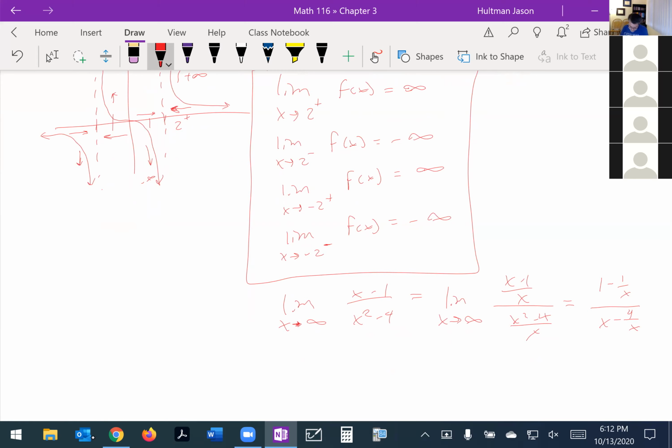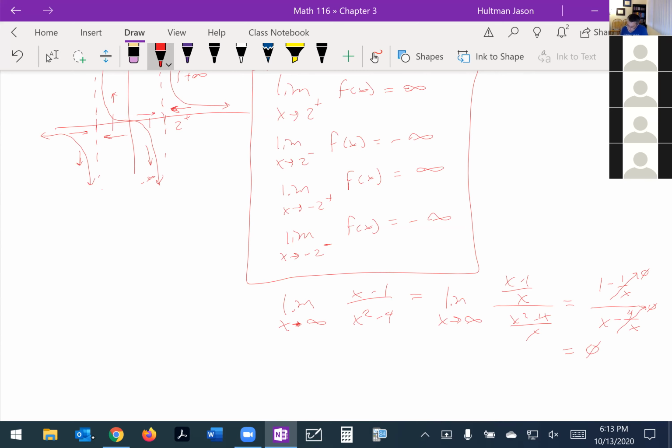So now what happens when this thing goes to infinity? Well, 1 over infinity goes to 0. And this goes to 0. And that just leaves me with 1 over x. And 1 over x is going to go to 0. So the whole thing goes to 0 as I go to positive infinity.